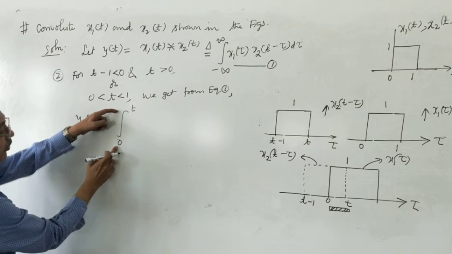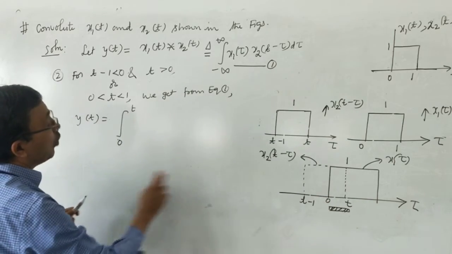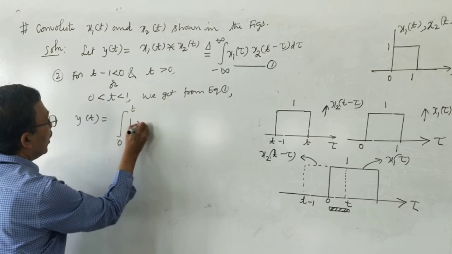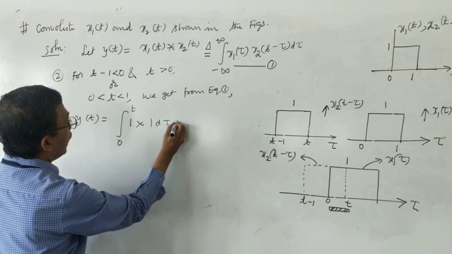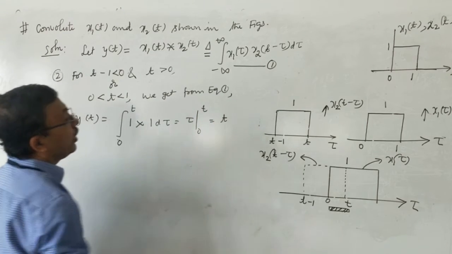How do we get these limits? Nothing but the overlapping region, 0 to t. In the overlapping region, x1 of tau is 1 and x2 of t minus tau is 1, d tau. If you integrate, you get tau between 0 and t. Therefore, you get the expression t.